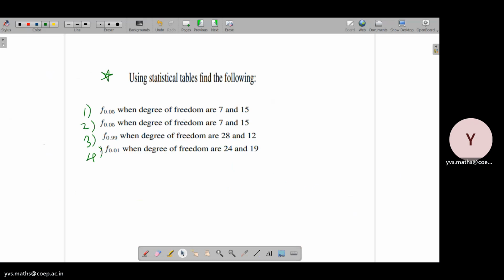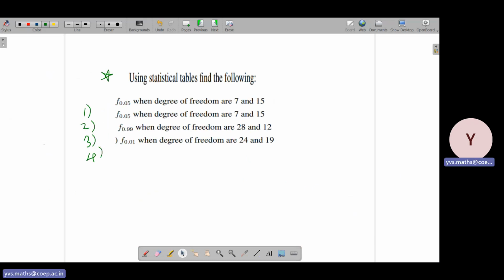So the answer to the first question is 2.71. Basically, this first question and the second question are the same.